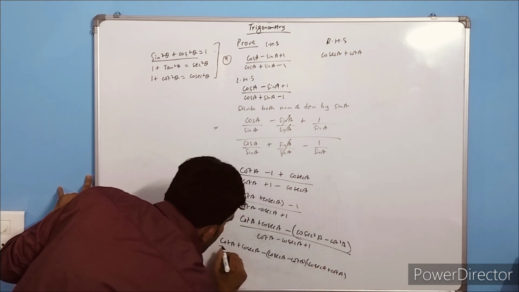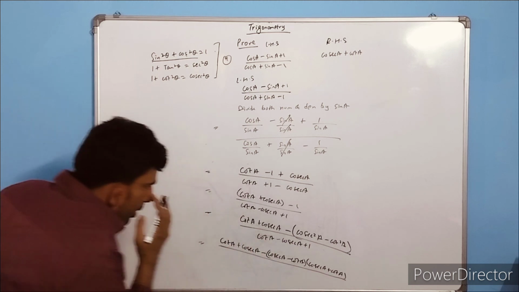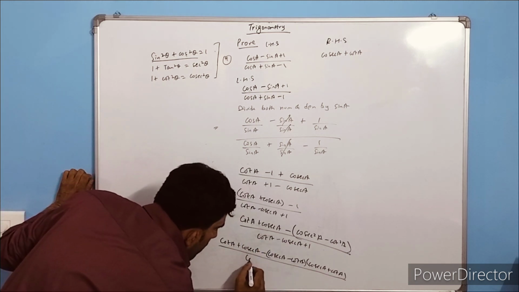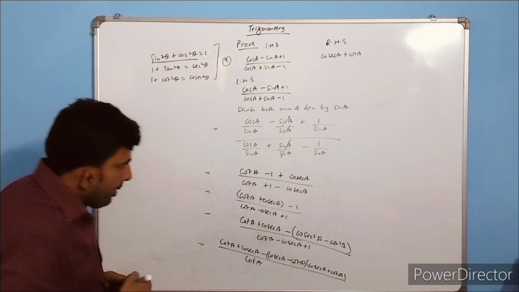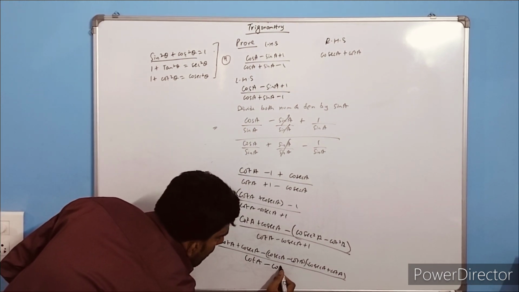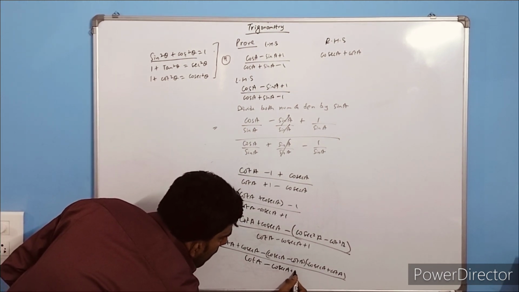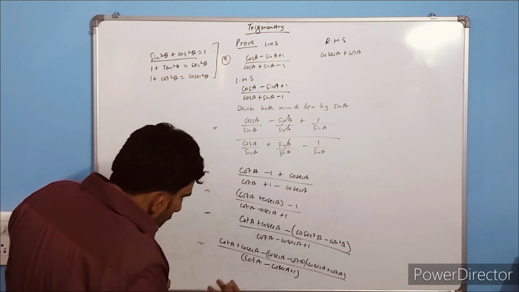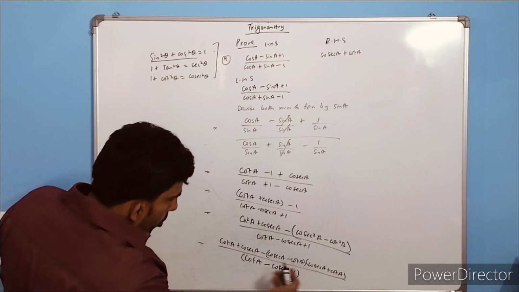Okay. Now what is given below, we need to write a similar one. Now we write cot A minus cosec A plus 1. Okay. So now we can take cot A plus cosec A common.